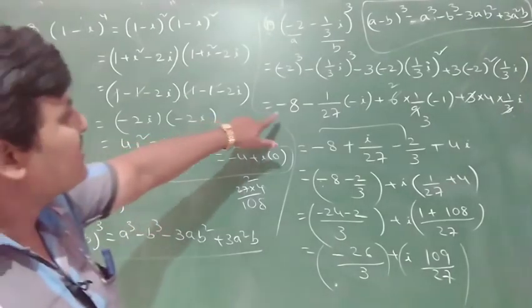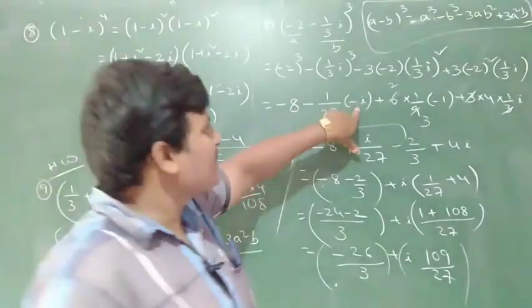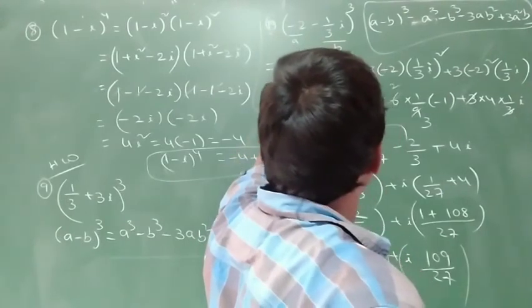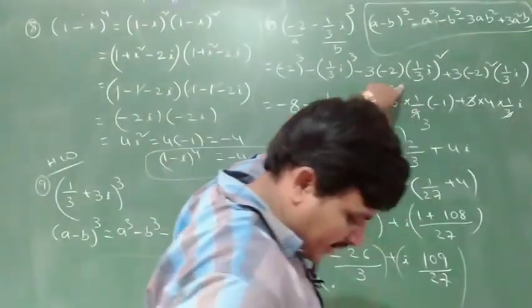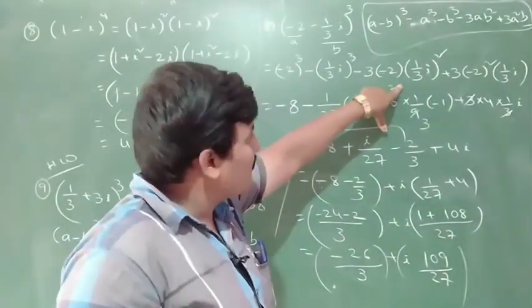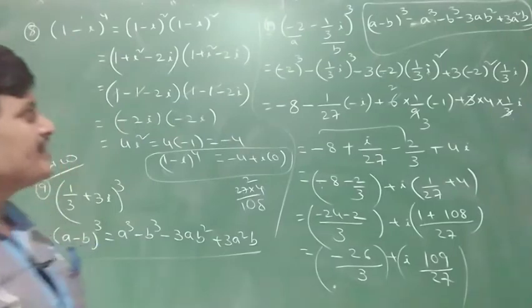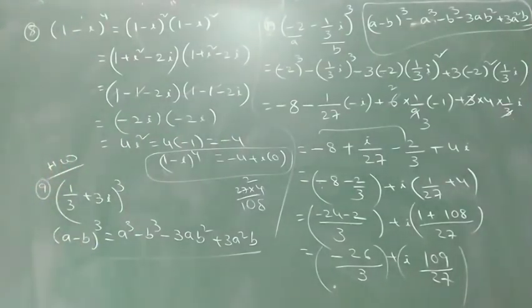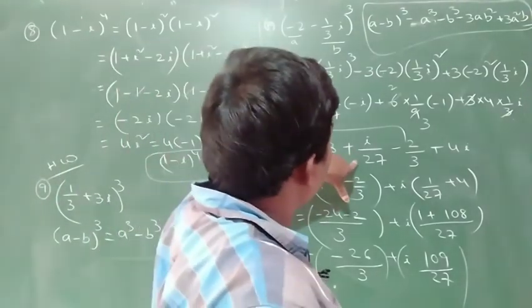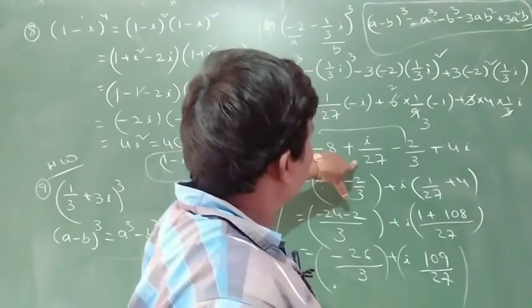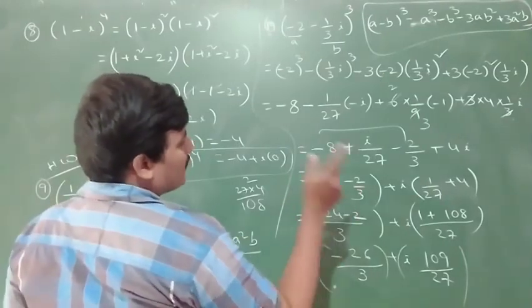a cube is minus 8, minus 1 by 27 into i cube. Then minus 3ab square: minus into minus plus, 6 into 1 by 9 into i square value minus 1, plus 3 into 4 into 1 by 3, that is 3a square b. So minus 8 plus i by 27, minus 2 by 3 plus 4i. This should be plus 2 by 3.